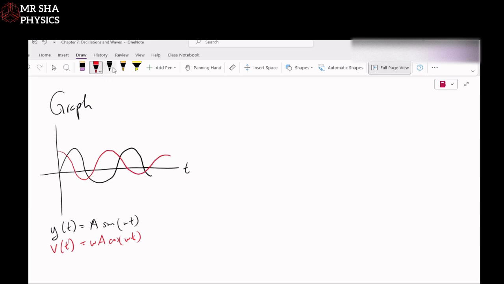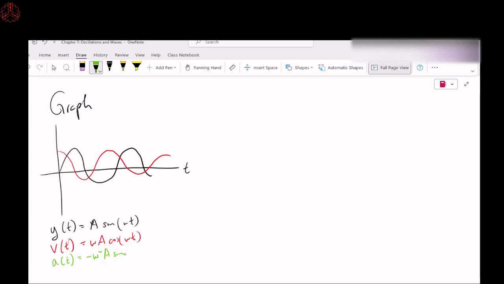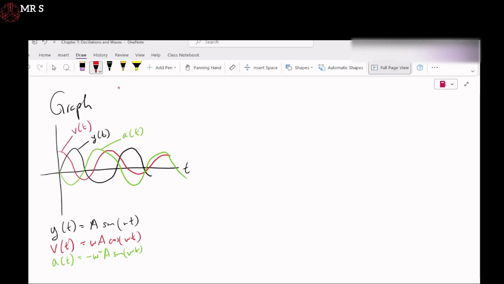And last but not least, my acceleration as a function of t is simply going to be negative omega squared a sin omega t. So I'm going to start from 0 as well, but in the opposite direction. Again, this is my function of y(t). The green one is my function for a(t), and the red one will be for velocity. This is the first graph that we want to draw.